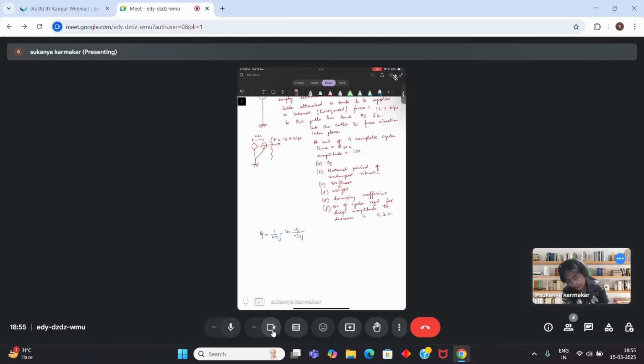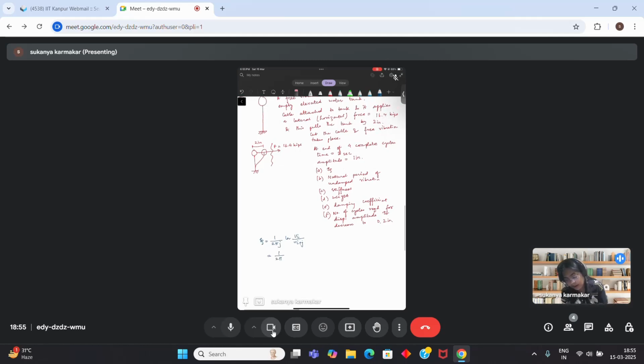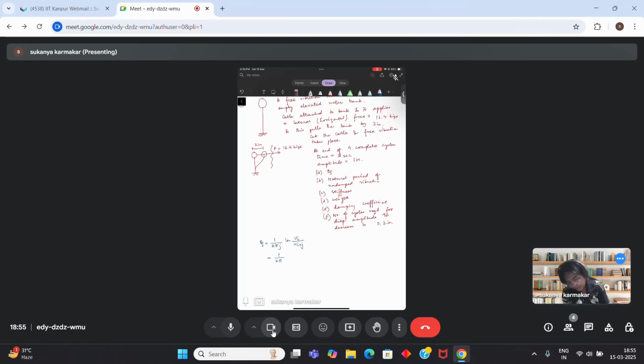So 1 by 2 pi. This is at the end of 4 cycles. What numbers did you plug in here? j is 4, u naught is 2 inch, and u fourth in the fourth cycle is given 0.2 inch.